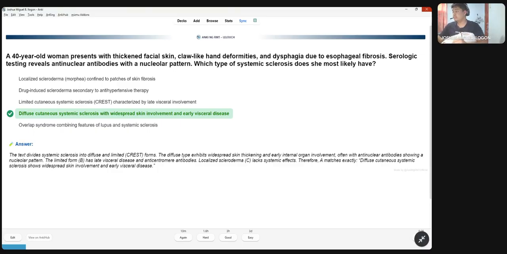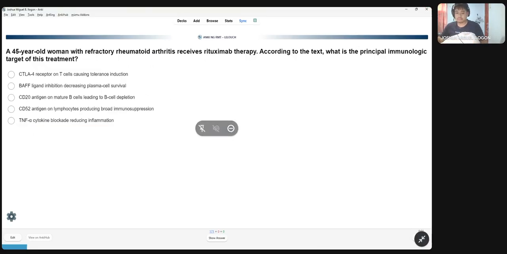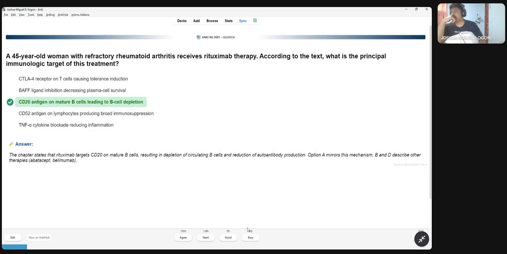Okay, so she gets rituximab therapy. It's a corticosteroid. It targets... I want to go for CD20, but is it CD20? Yes.